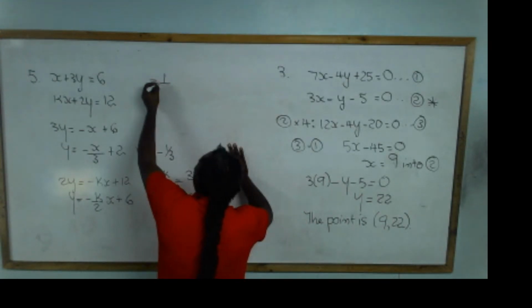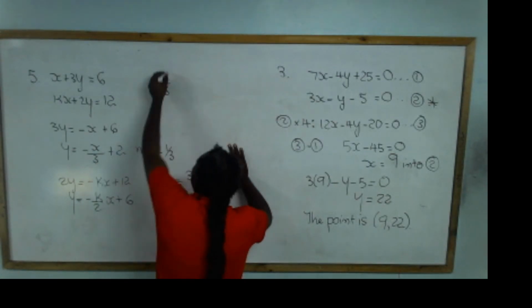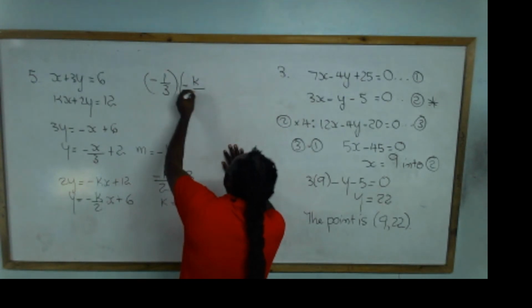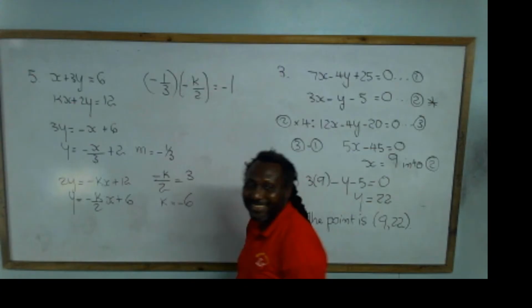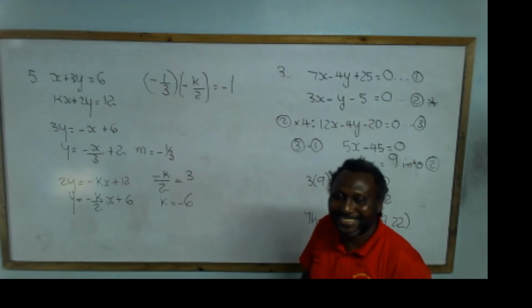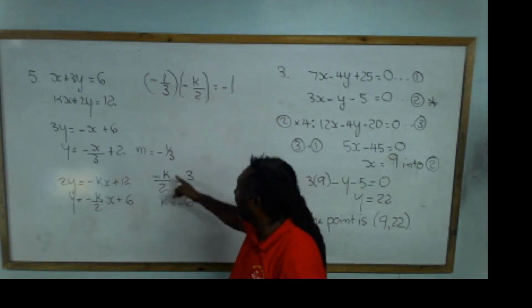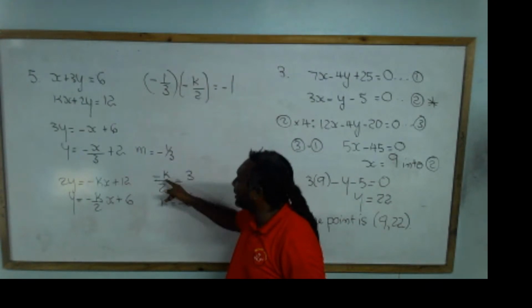Negative 1/3, negative k over 2 is equal to negative 1. If the gradient is negative 1/3, that means this gradient must be 3, correct?